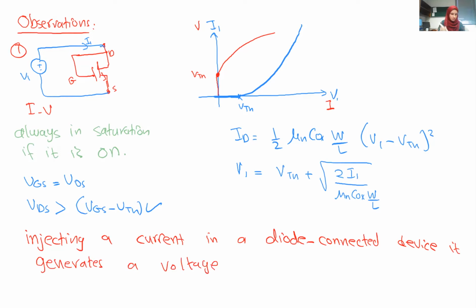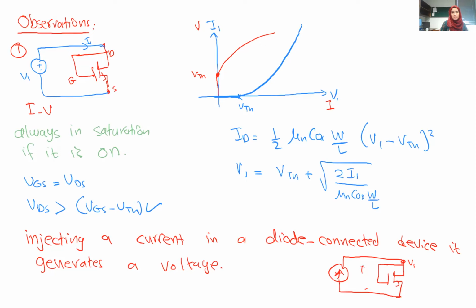Meaning in this diode connected device, if instead of driving it with a voltage, I drive it with a current, something like this, and here I apply a current and measure, then it will generate a voltage, this V1, across its terminals. Okay, this is the meaning.